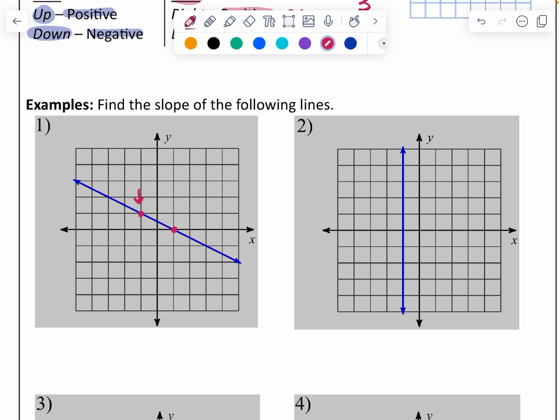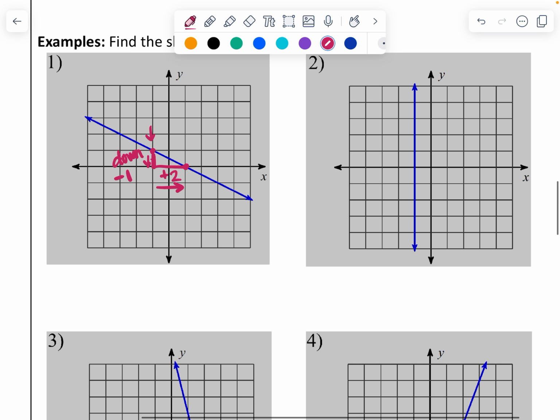And to get to the next point, I would have to move down 1. So I would call that -1 because I'm moving down. Then I would count 2 boxes to the right. Since I'm moving right, that's +2 for my run. So my ratio will be, if M equals rise over run, then M is -1/2.